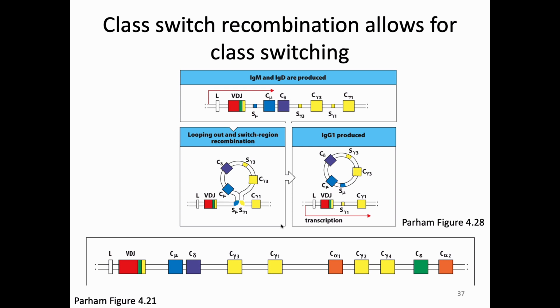We cut out M and D, and then G suddenly is right next to the VDJ region. And so now we can make VDJ G, because we cut out and threw away M and D. You can sort of see that idea here. And so now we're going to get that G region close enough that we can actually do transcription.